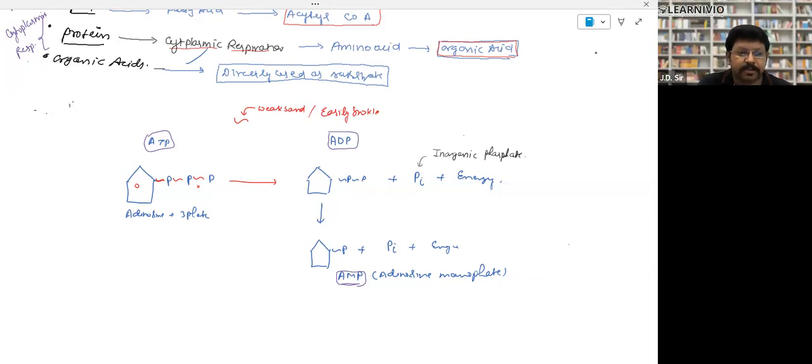What are the respiratory substrates? Because if you get the question, what are the respiratory substrates, then you have to first define them. So what is the definition?